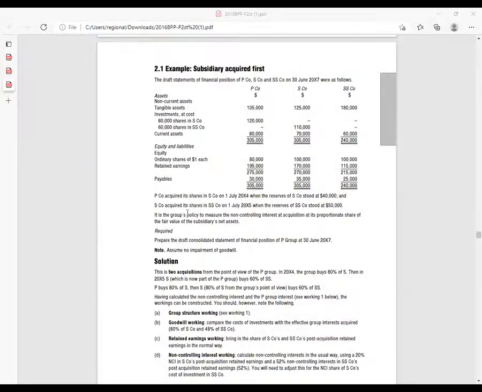The percentages are given here. They are telling us that P company acquired its shares in S company. How many shares did P acquire? We are told P acquired 80,000 shares in S company. I want to get the percentage shareholding.